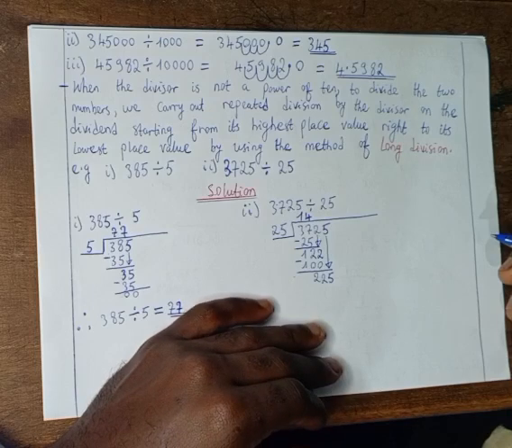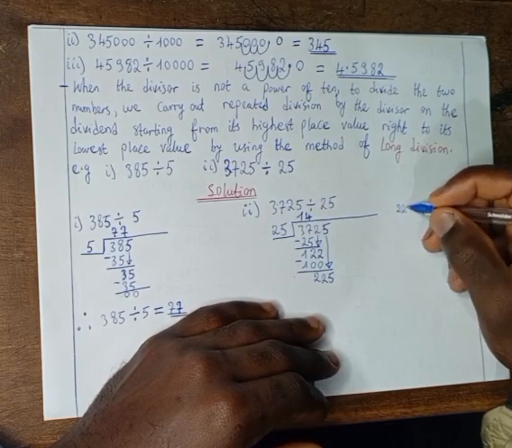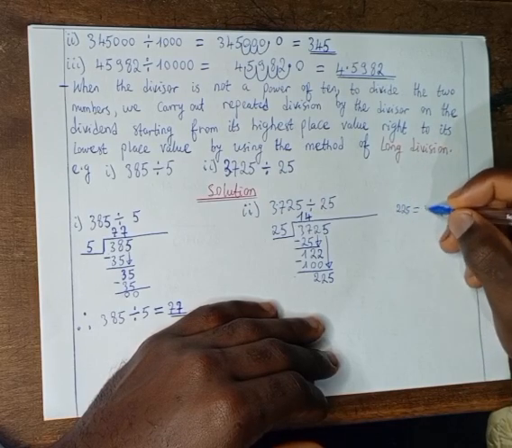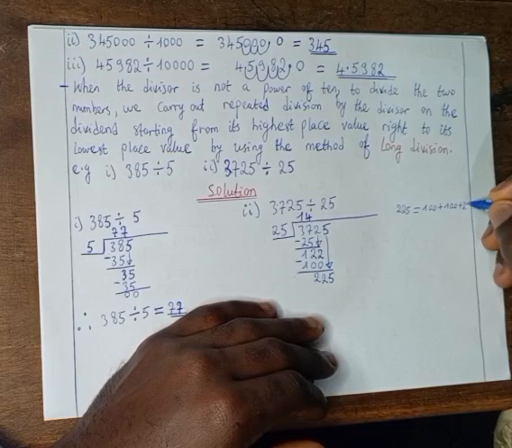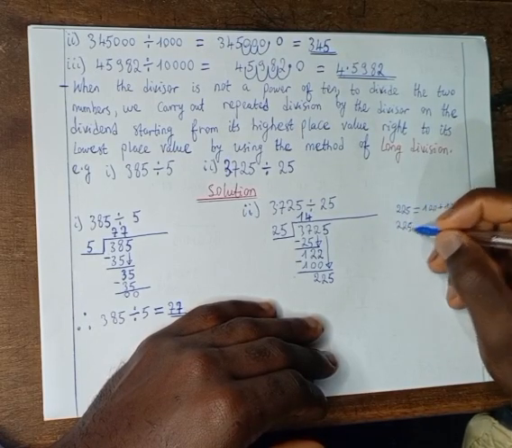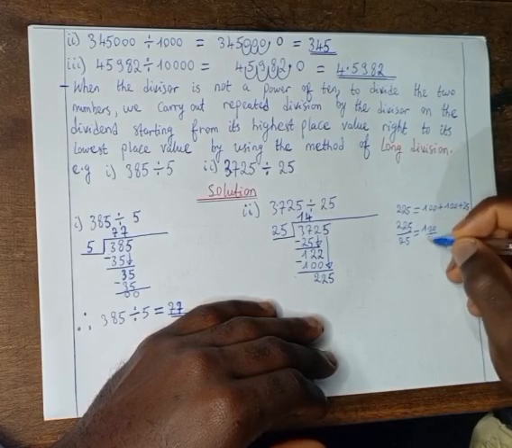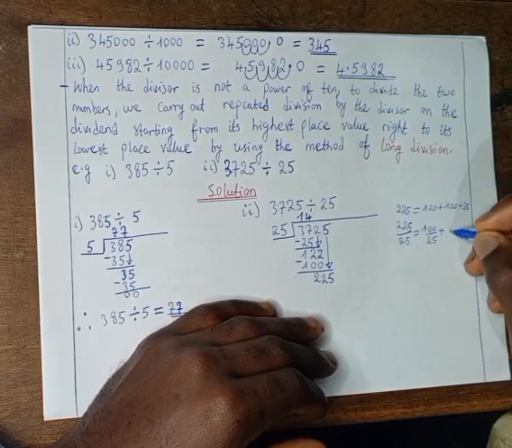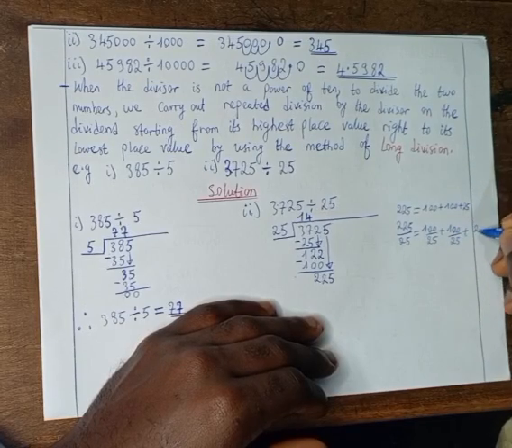225. So if we divide 225 by 25, we know the number 225 can be written as 100 plus 100 plus 25. Dividing 225 by 25 is the same as 100 divided by 25 plus 100 divided by 25 plus 25 divided by 25.